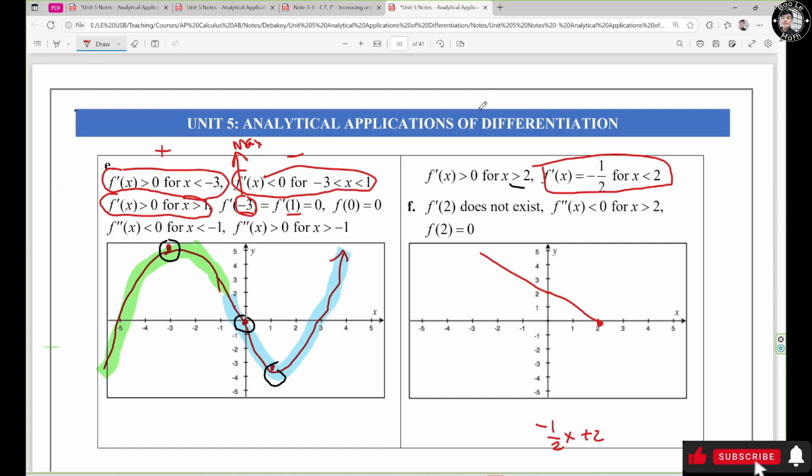It tells us that the function f of s is increasing on this interval, right? And f prime of 2 does not exist. It tells us that the function f of s has a sharp turn right here, right? f double prime of s less than 0 for s greater than 2. It tells us that within this interval, the function is concave downward, right? So it could be something like this.